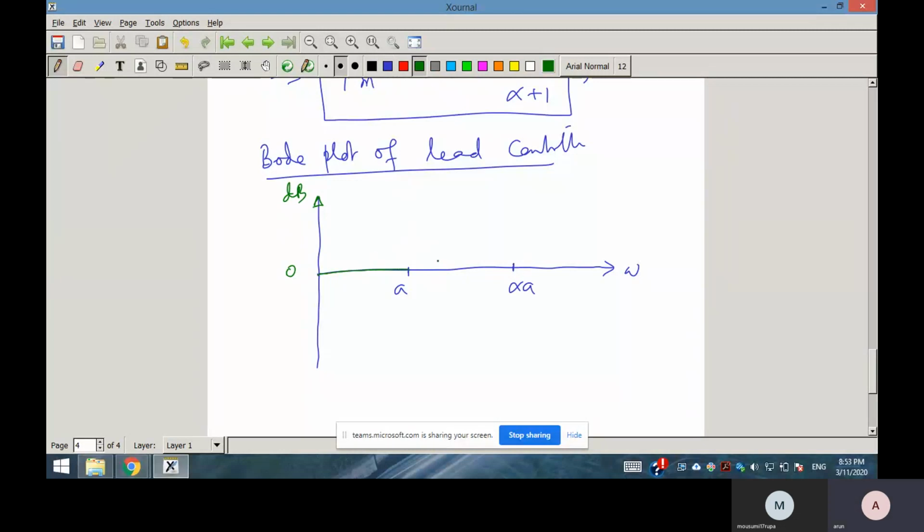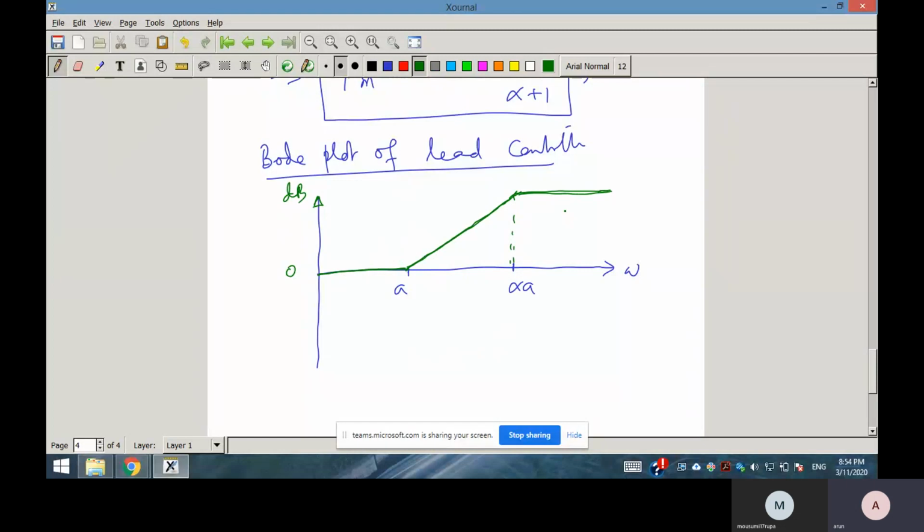Because of the zero, it will have unit slope here, and then again because of the pole at s equal to minus alpha A, this slope will get nullified. So it will provide gain amplification.